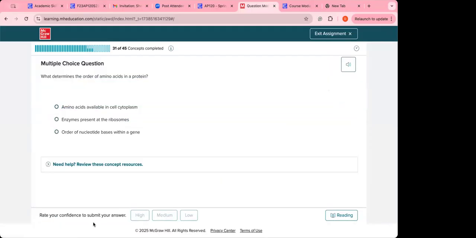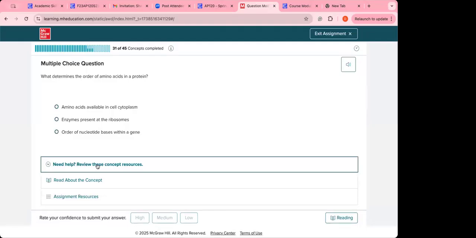All right. What determines the order of amino acids in a protein? Okay, let's look. I don't think we've seen this yet.